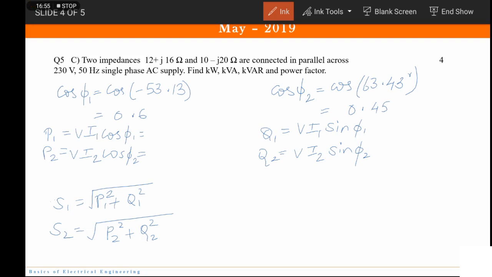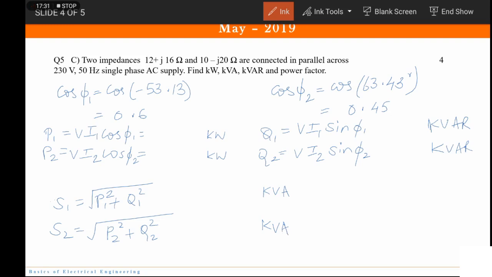Let me specify that the active power comes in kilowatt, reactive power comes in kVAR, and the apparent power comes in kVA. Please remember these things and calculate the values. You just have to put the values, everything is with you. You just have to do the calculation.